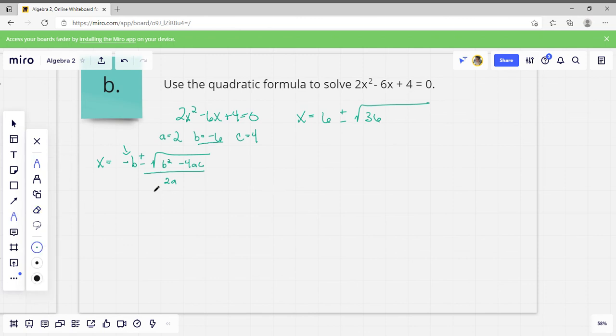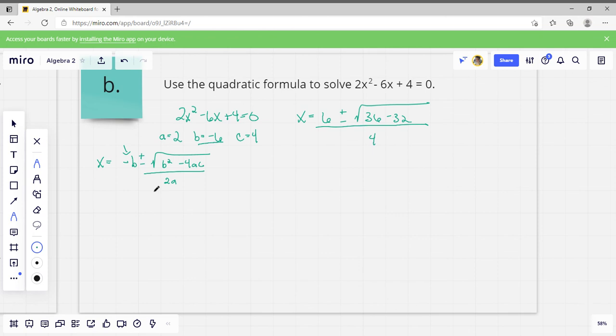Okay, minus 4ac, so negative 4 times a, which is 2, times c, which is 4. 4 times 2 is 8, 8 times 4 is 32, and that would be negative 32. Okay, and all that is over 2 times a. A is 2, so 2 times 2 is 4.